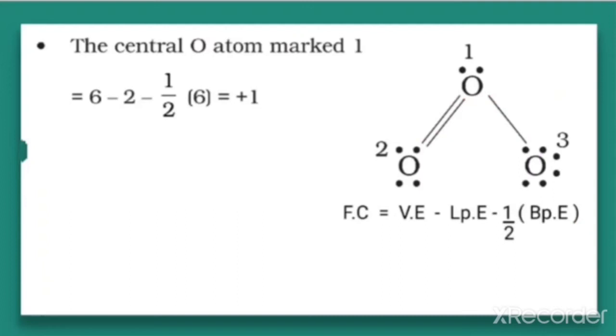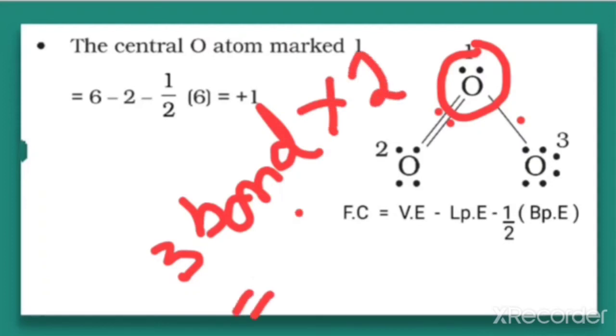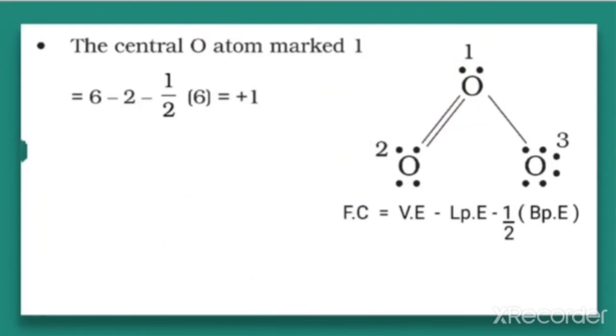First of all, surrounding this oxygen atom, find out how many bonds are there. So total 1, 2, 3 bonds are there. 3 bonds means, we know that 1 bond is made up of 2 electrons. So multiply with 2. That will give rise to 6 electrons. That is the bonding electron. So we got that 6 electrons.